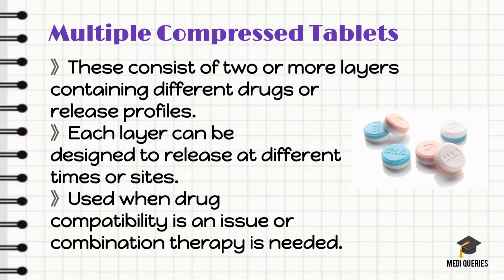This allows for combination therapy or timed drug delivery from the same tablet. They can also separate incompatible drugs in the same formulation. These are complex to manufacture but highly functional and efficient.